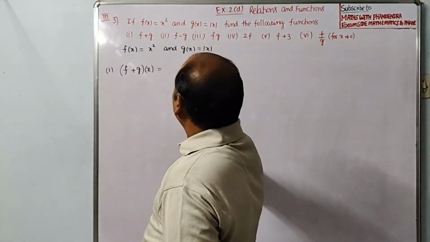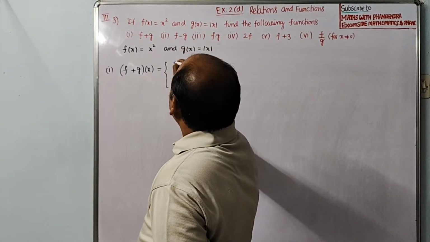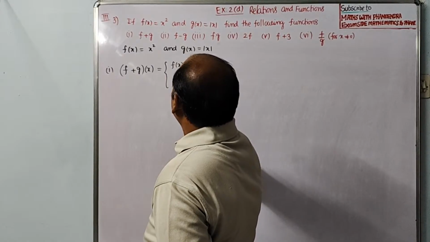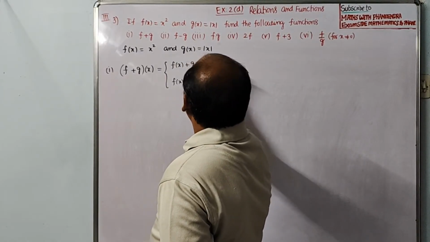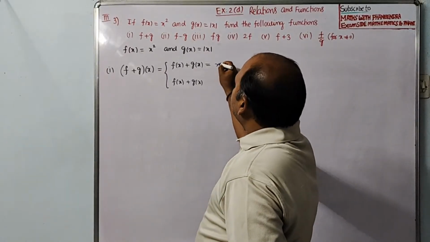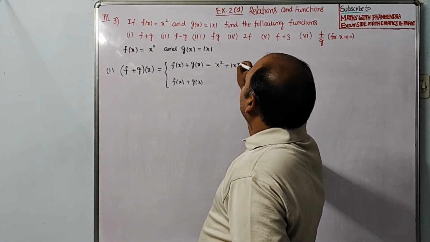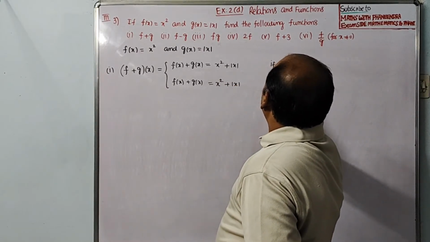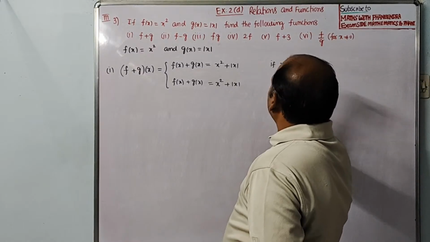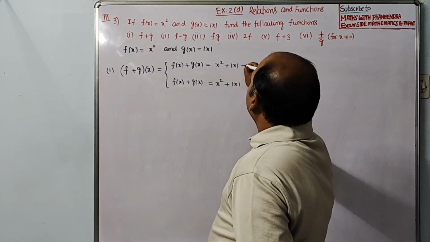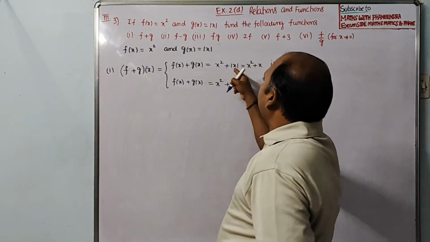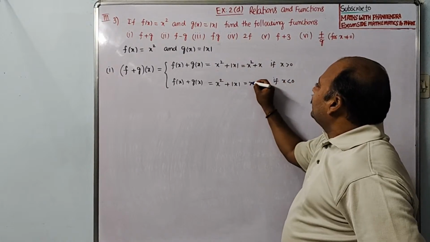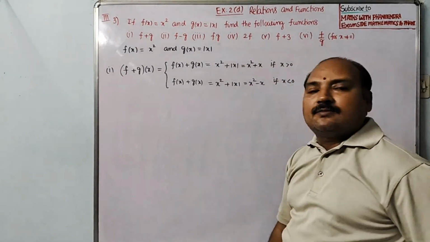Here two cases are there. f of x plus g of x is x squared plus mod x. If x is greater than 0, mod x will become plus x. You remember, yes, students. If x is less than 0, it is x squared minus x.